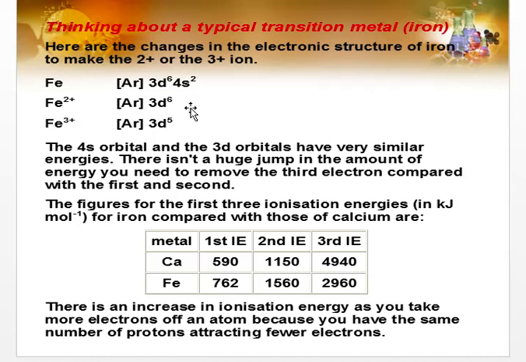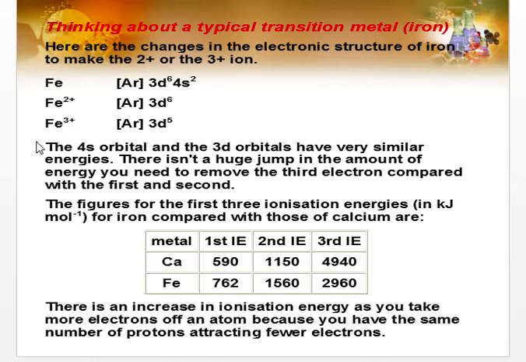Ferrum 2+ has 3d6. 2+ means that ferrum lost 2 electrons, so the configuration will be 3d6 4s0, because we remove these electrons from the s orbital.